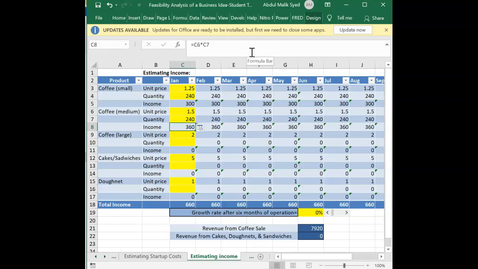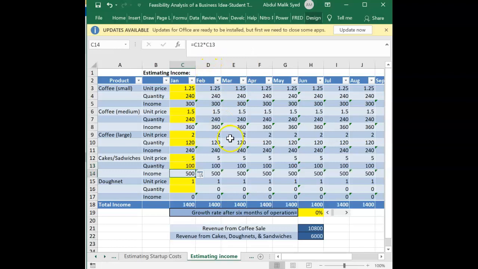Okay, large coffee, let's say we are selling only 5. Okay, so 5 times 24, right? And cakes and sandwiches also, let's assume that we are selling only 5, so 5 times 24, maybe not all days these are being sold, let's say 20 days.